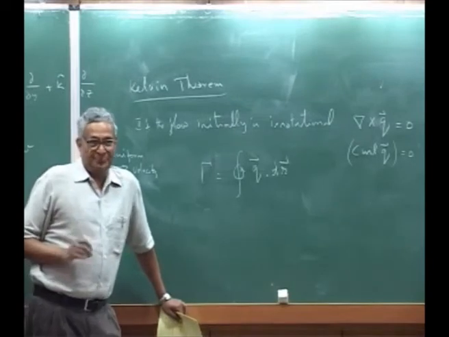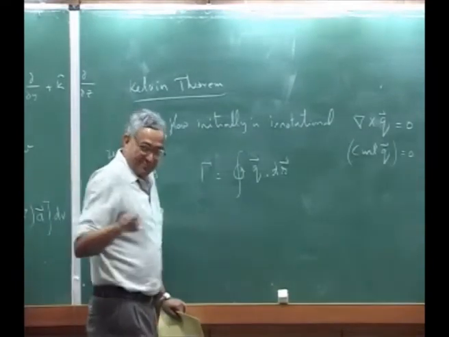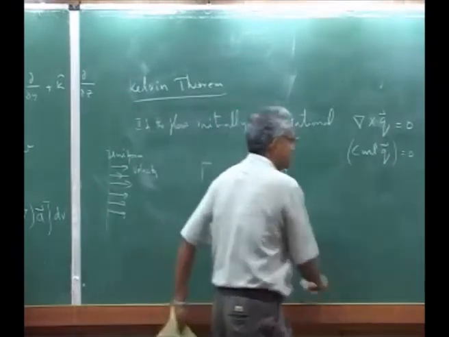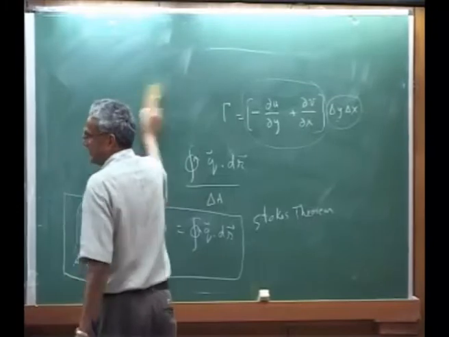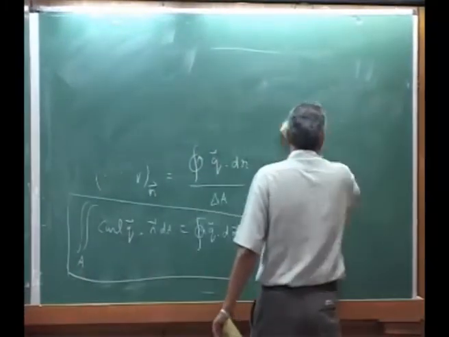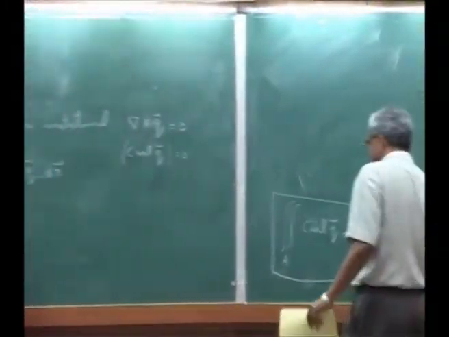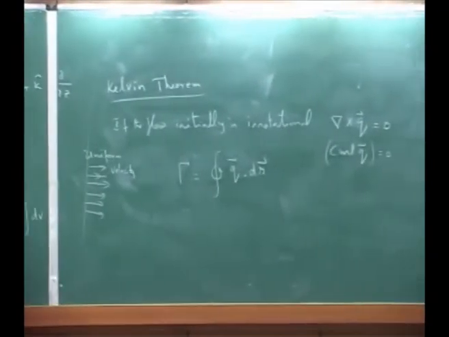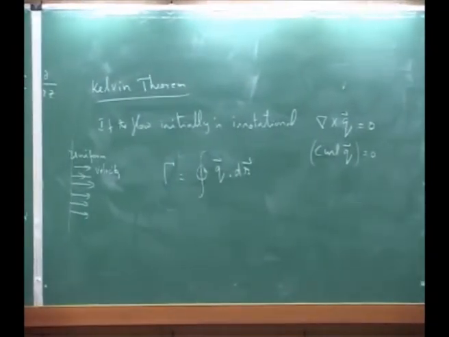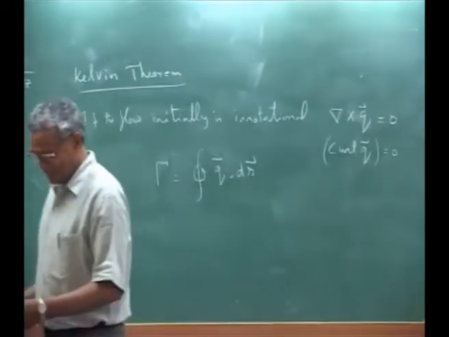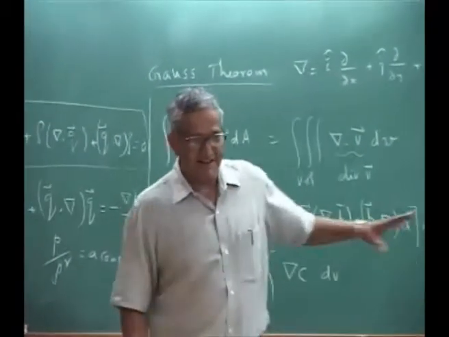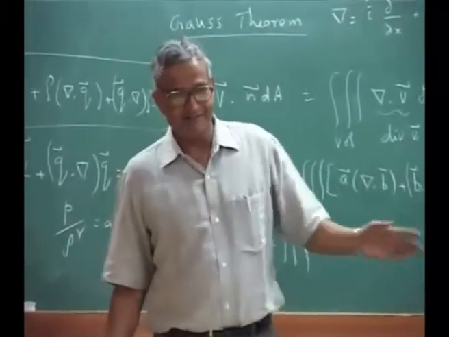This is where the proof starts. Maybe we can start this next class, because if I start, I don't want to leave it in the middle. It will take some time.